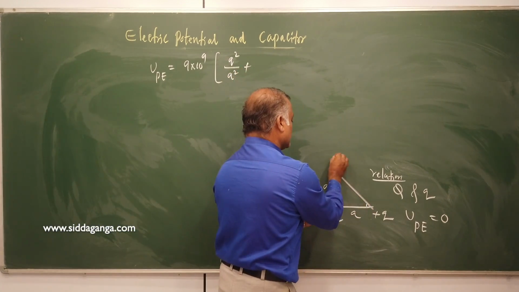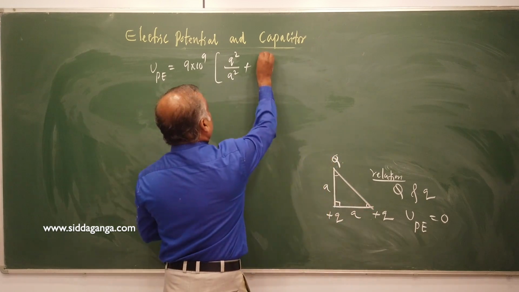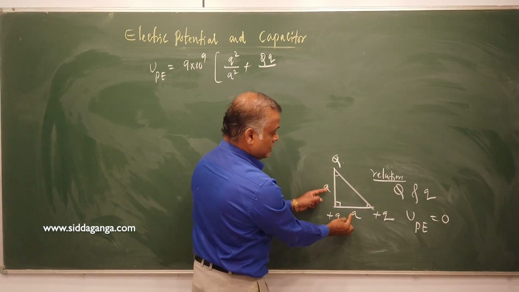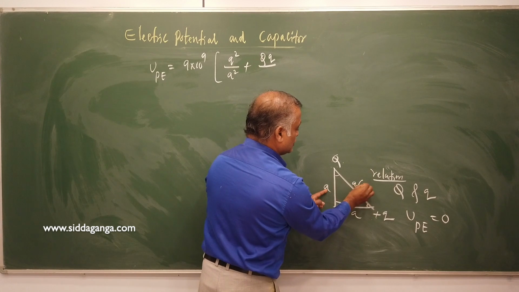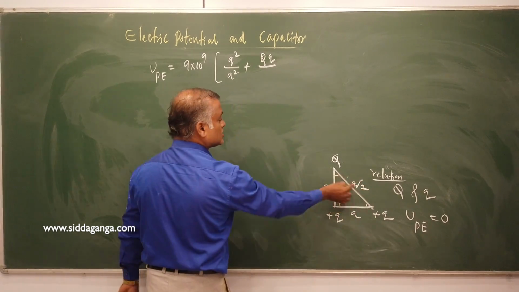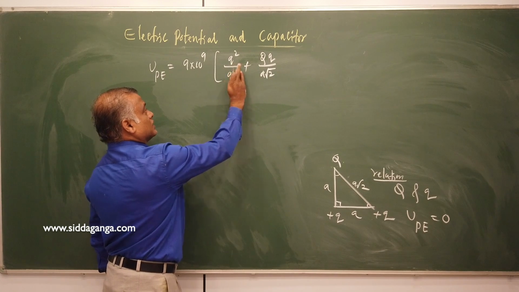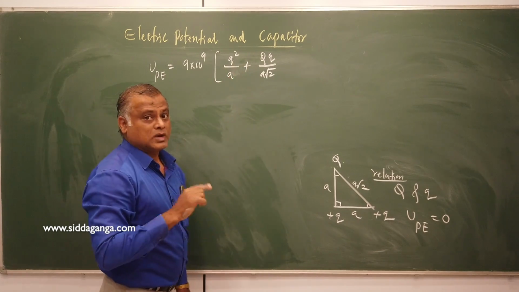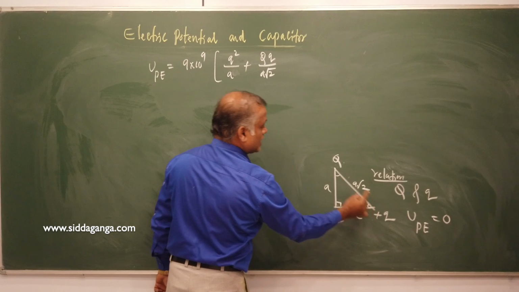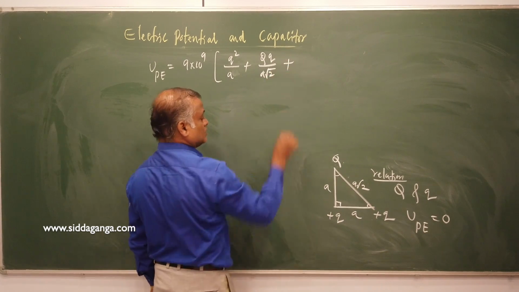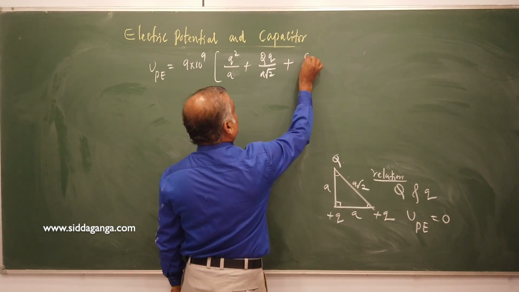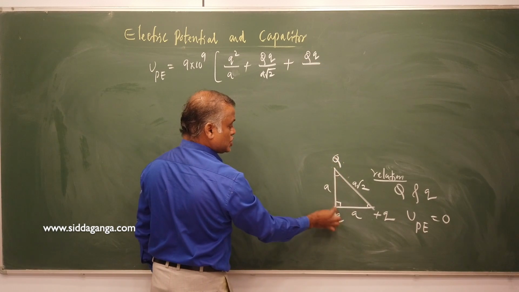Capital Q into small q divided by A root 2, Pythagoras theorem. See here, not square. Q1, Q2 by A. Q into q by A root 2 plus Q into q divided by A.